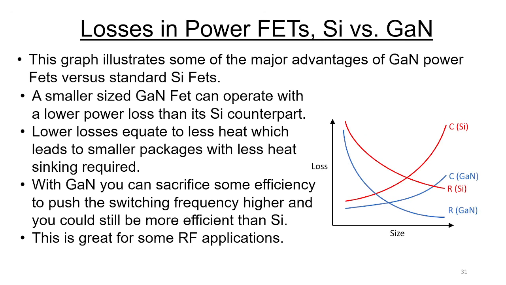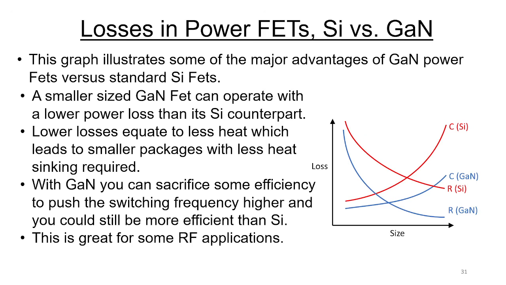So this graph illustrates some of the major advantages of gallium nitride power FETs versus standard silicon FETs. The smaller size gallium nitride FET can operate with a lower power loss than its silicon counterpart. Lower losses equate to less heat, which leads to smaller packages with less heat sinking required.